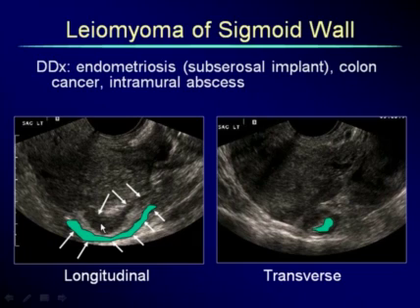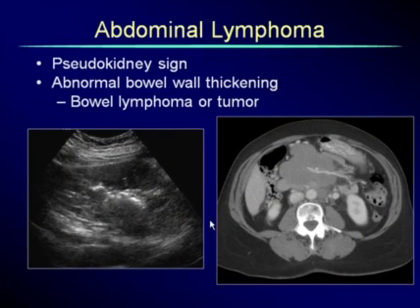And she eventually went to surgery, and this was a leiomyoma of the sigmoid wall. So this is a mass in the wall of this sigmoid. As far as lymphoma goes, we might pick up some pelvic nodes. Sometimes we can pick up something floating around in the abdomen, something that we call a pseudo-kidney sign, which is a large mass of lymphomatous tissue compressing the mesenteric vessels in the middle.